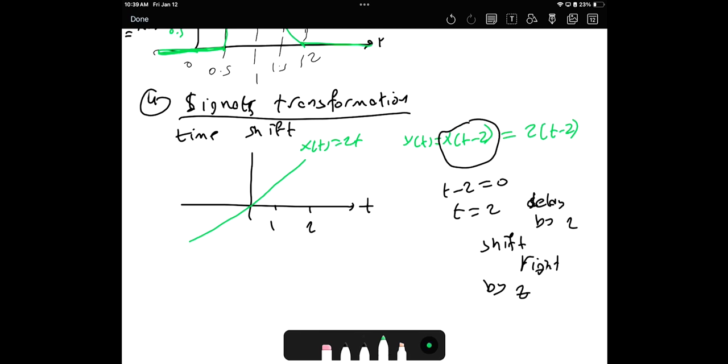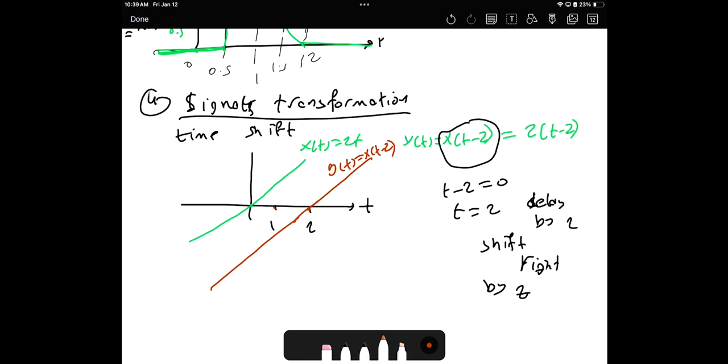So we will shift right by 2. It was at 0. Now it will be at 2, because shift right by 2. 1, 2. So here y of t equals x of t minus 2. Okay? Because we make it shift right.